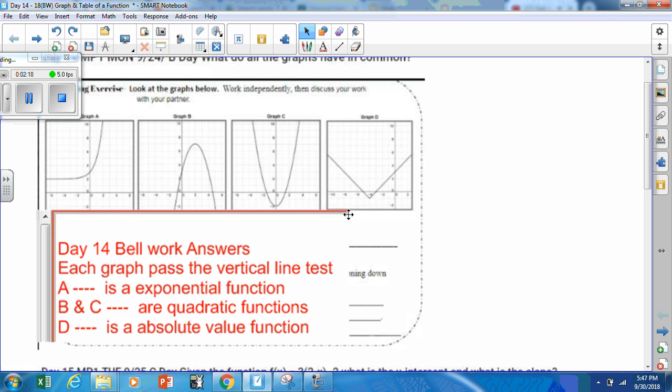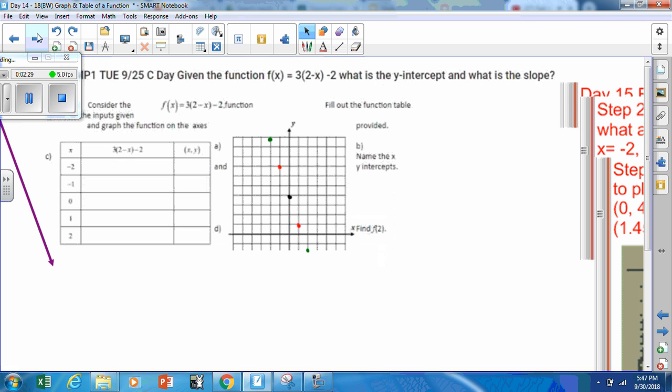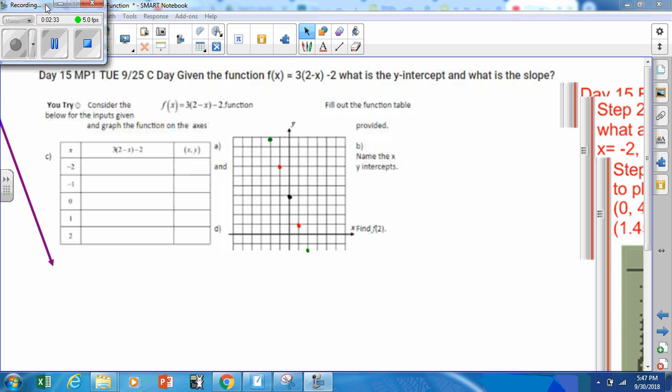All right, on Tuesday, we had a slightly different question. I said, given a function of 3 times (2 minus x), minus 2, tell me what the y-intercept is and what the slope was. So what I asked you guys to think about is, first of all, why do the heavy lifting when you can put it in your calculator?